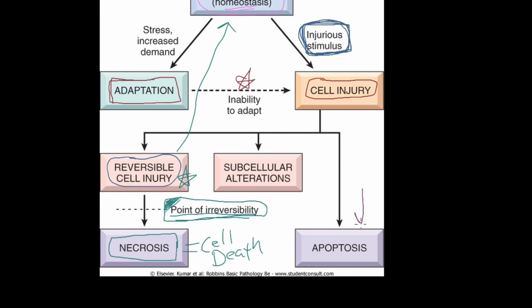My undergrad physiology professor loved the word apoptosis, and he always used to discuss apoptosis. So apoptosis is cell death, but it's organized. This is an organized process, while necrosis is an unorganized process, and we'll talk about apoptosis.